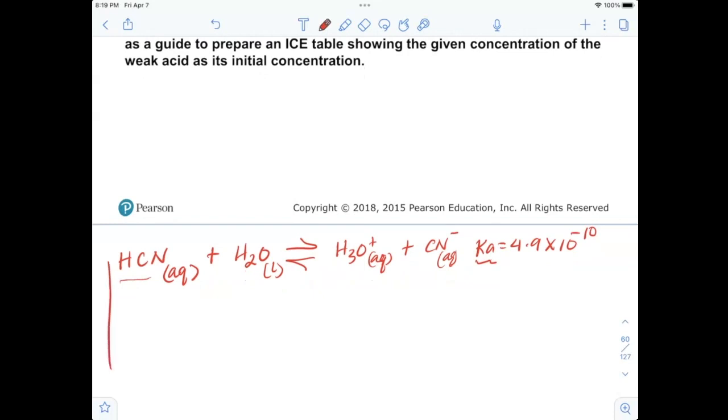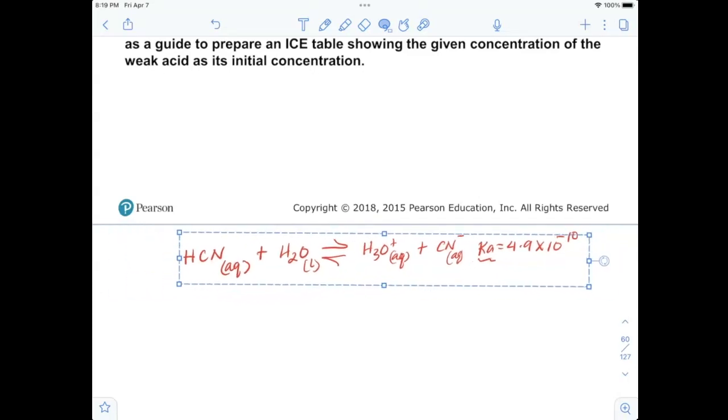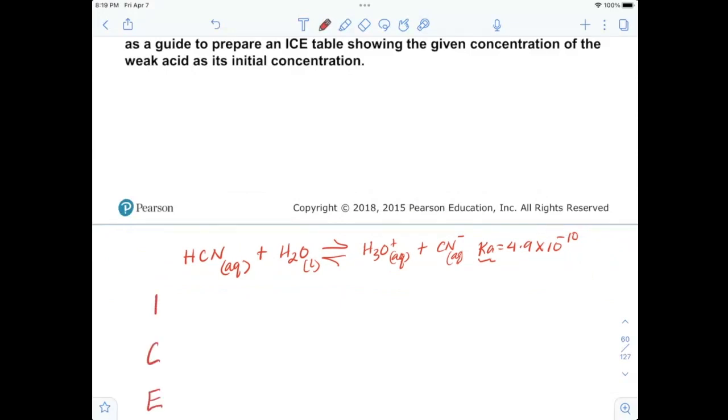Okay, from here you will draw your ice table. Probably should have made this a little bit smaller. Oh, that works. Okay, so we have initial, change, equilibrium.